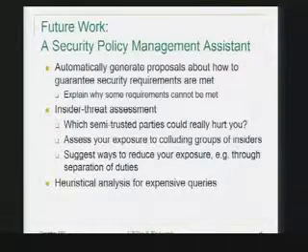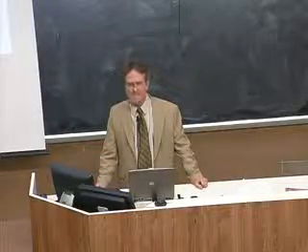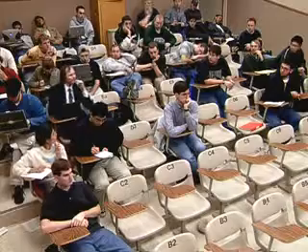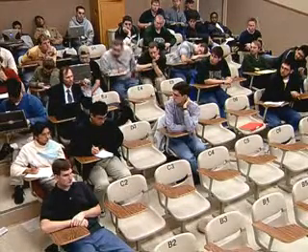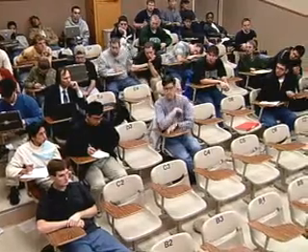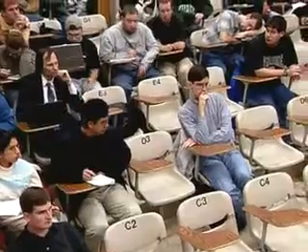I'd like to know if anybody has any questions for me. This seems to have a lot of things in common with the inference problem in multi-level secure databases. It was a pretty strong area of research maybe 10 years ago.